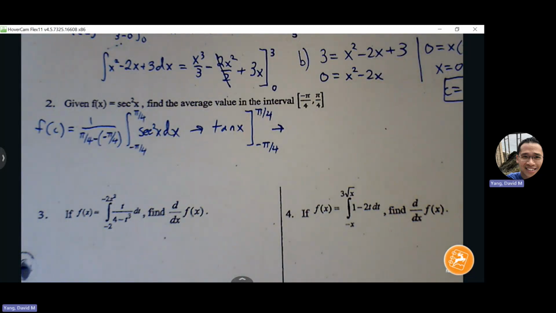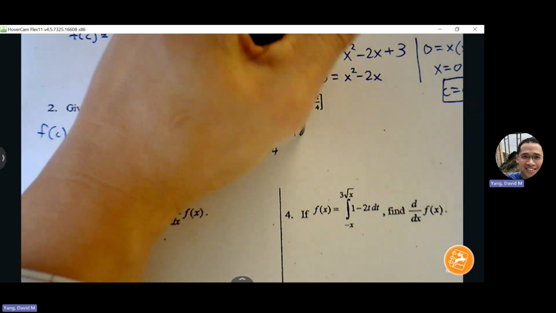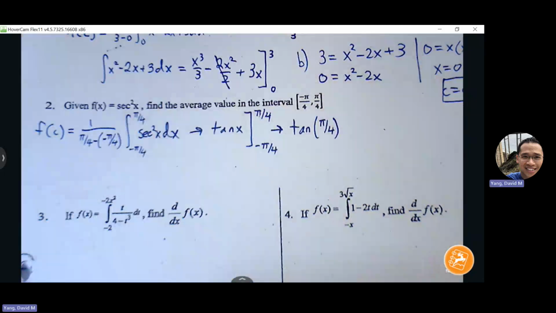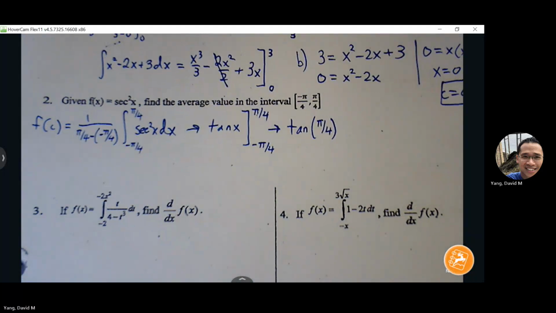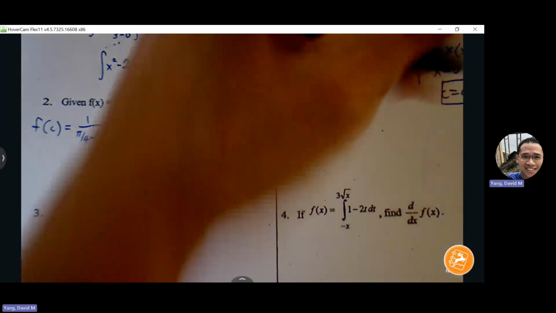Okay, what do we apply first? Upper bound, right? So tangent of pi over 4, then what comes next? Minus.